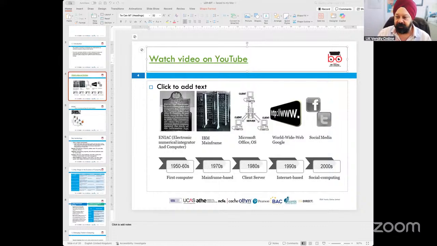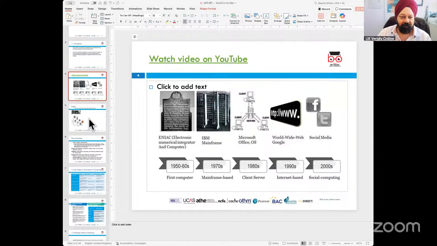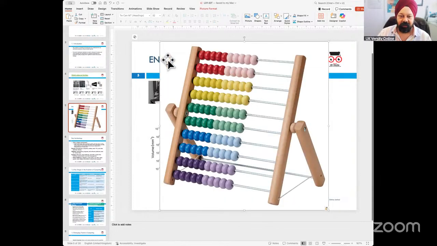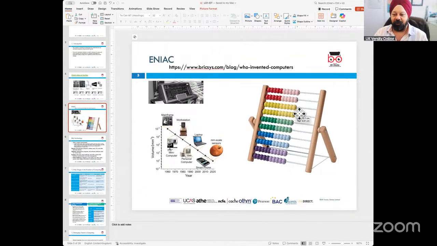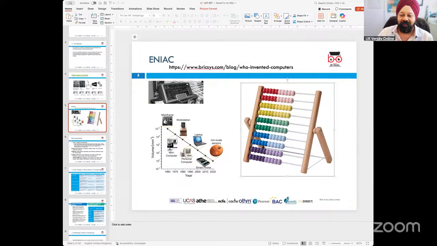a calculator to be created. Let me bring that image across in front of you, and I think you would be able to recognize this image. Now, this is also some form of computer simply because this was invented by Egyptians, and this was used to do very simple mathematical calculations.